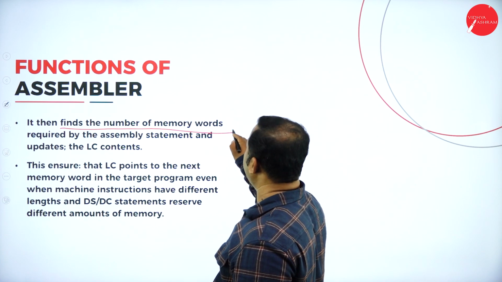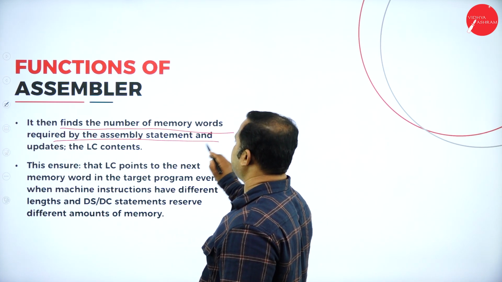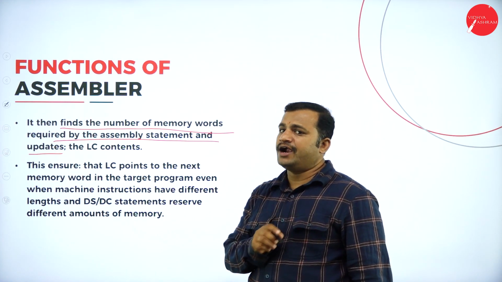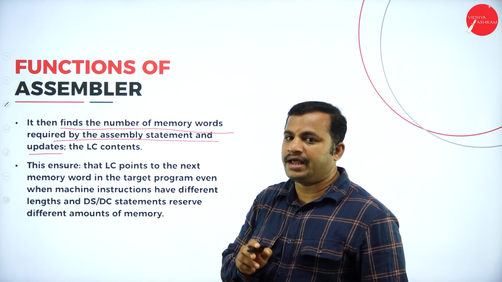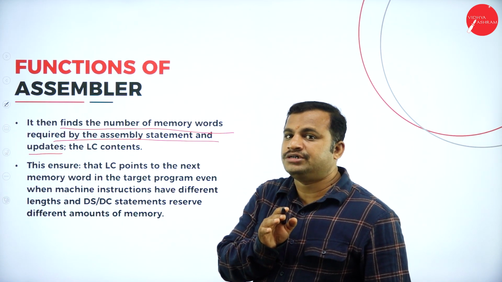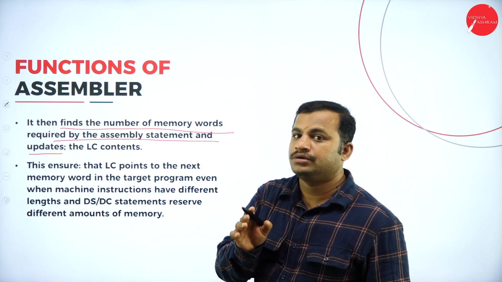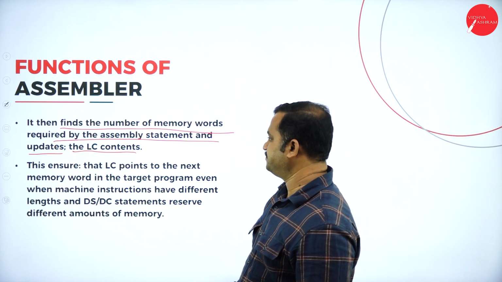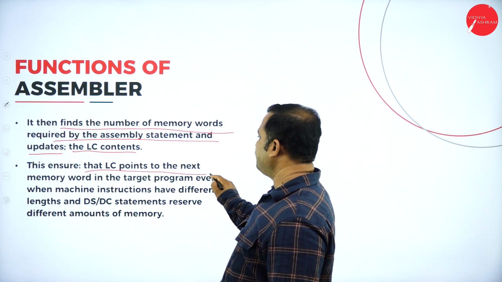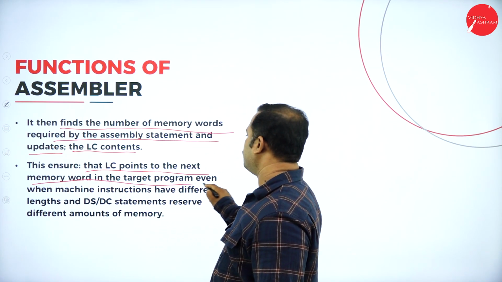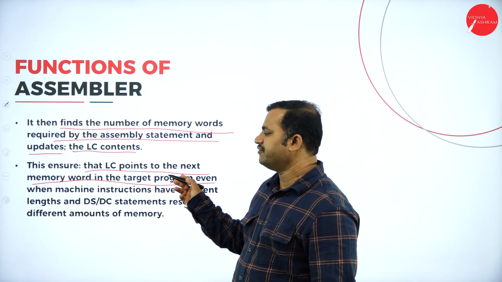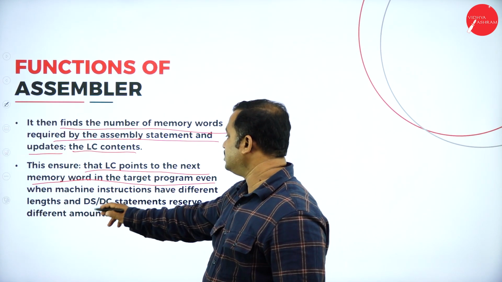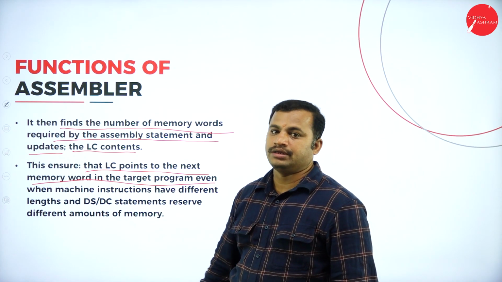Next, it finds the number of memory words required by the assembly statement and updates. The number of memory words required for the execution of the entire program is tracked by the location counter, the LC contents. This ensures that the location counter points to the memory word in the target program, even when machine instructions have different lengths and data statements reserve different amounts of memory.